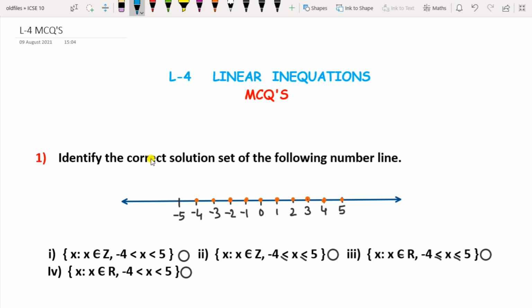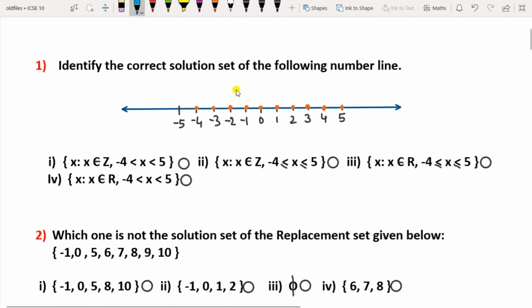Okay, let us start with today's topic, MCQs of linear inequations. The first one here is: identify the correct solution set of the following number line. Now you can see this number line here, you have the complete dots. It is not an empty dot. It's from -4 to 5 and -4 and 5 are also involved in it.